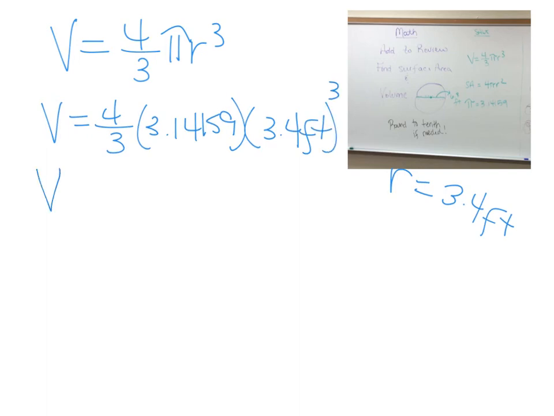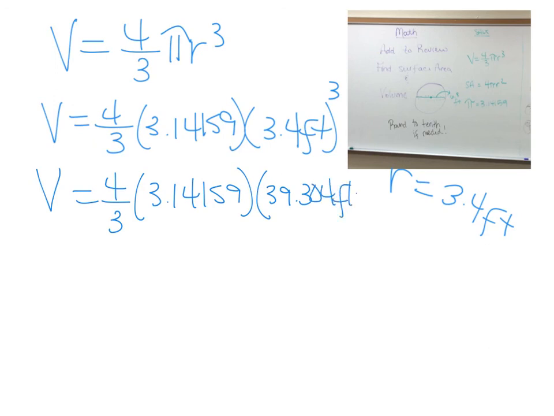When I cube 3.4, so I took 3.4 times 3.4 times 3.4 on the calculator, I get 4 over 3 times 3.14159, and I get 39.304 feet cubed. We need to have a cube on there now.